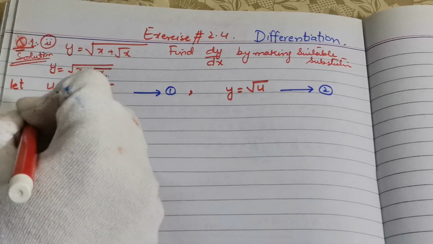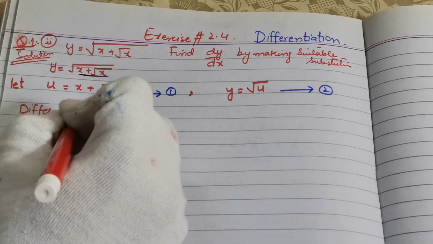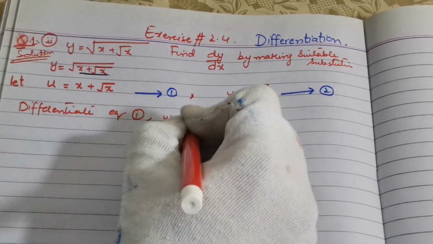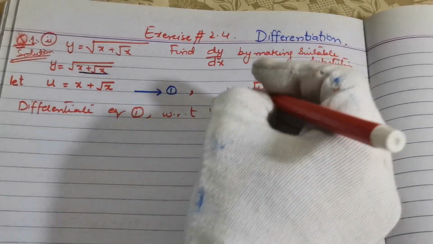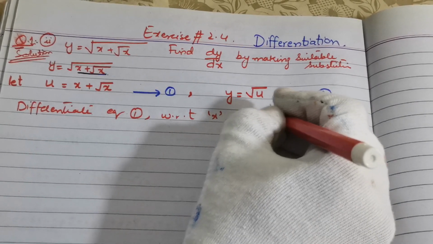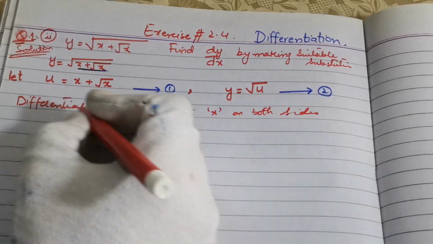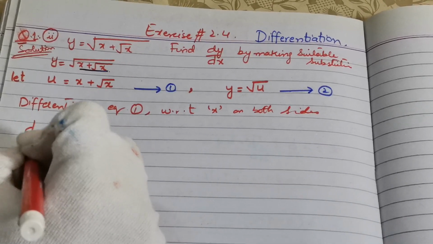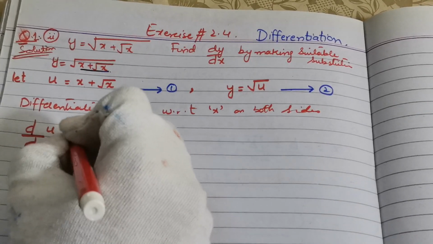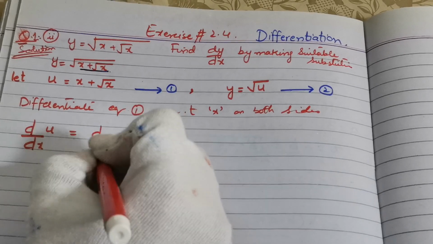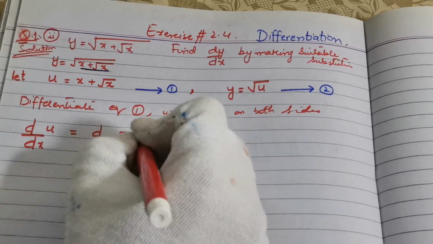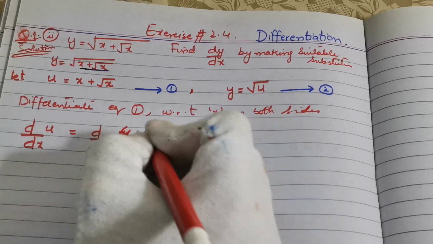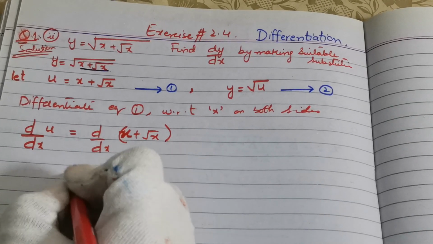Differentiate equation 1 with respect to x on both sides. So du by dx is equal to d by dx of x plus under root x.